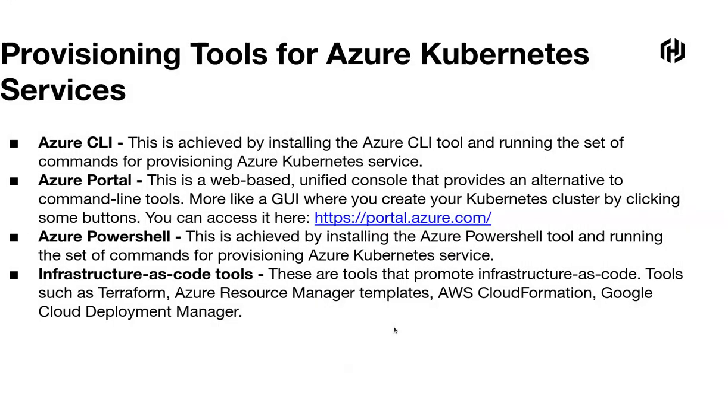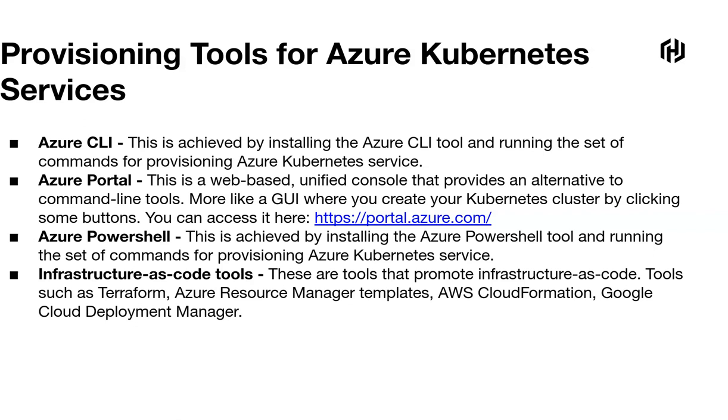So there are a lot of tools for provisioning Azure Kubernetes Service. You have the Azure CLI. This can be achieved by installing the Azure CLI tool and then running a set of commands, which I'm going to show us and walk us through. You have the Azure portal, more like the web-based GUI for Azure, where you click through some buttons, select the kind of cluster and some other information about the Kubernetes cluster you want to set up, and you set it up.